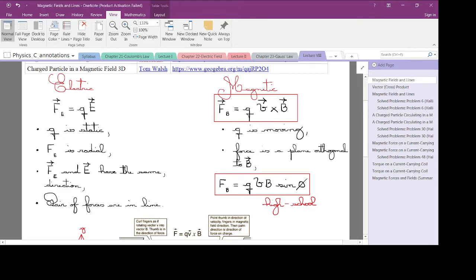The first one, I think the easiest one, is when the velocity of the particle is parallel to the magnetic field. In this case, if these two vectors are parallel, then the sine here is going to be sine of 0 degrees, which is 0, so you have no force.